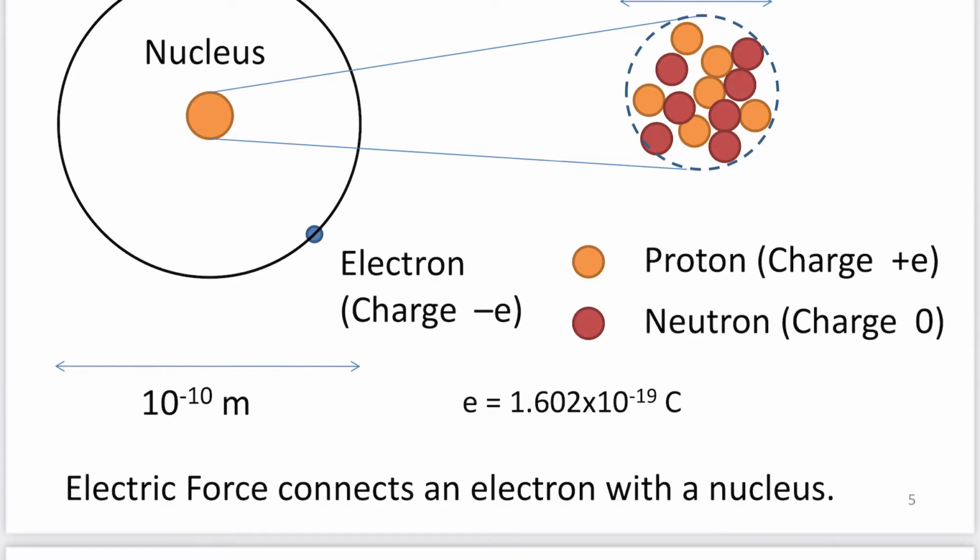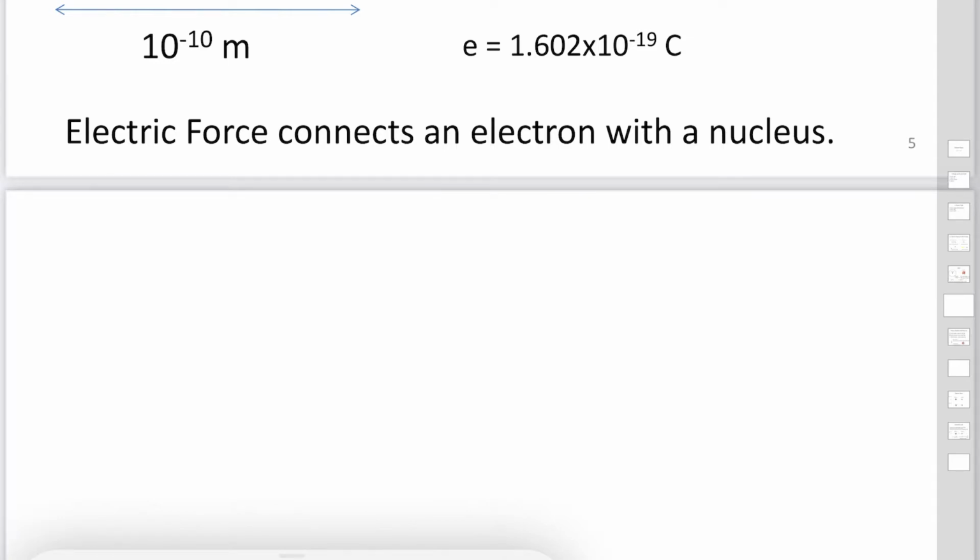Okay, so to describe small numbers, sometimes we can use a prefix. For example, the thickness of paper is about 0.1 millimeters.